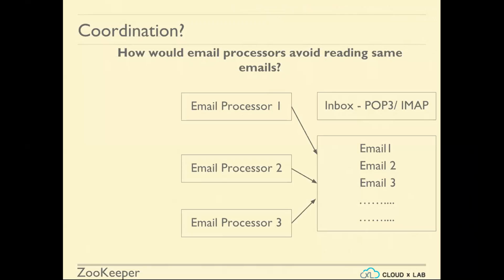So how would you design such a system? What would you do in these cases so that these email processors do not skip any email, as well as do not process the same email twice?